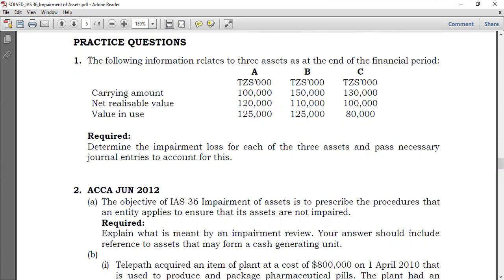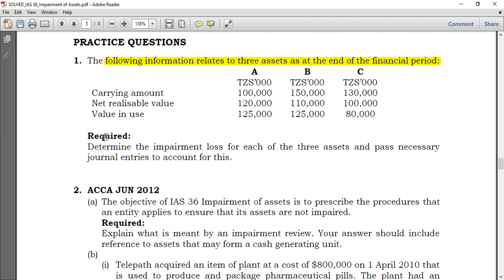Now, just take a look at this example. The following information relates to three assets at the end of the financial period. I hope you see these assets. We have asset A, asset B, and asset C. You have the carrying amount of the assets, this one, and you have the net realizable value, this one, and you have the value in use, this one, as you see here.